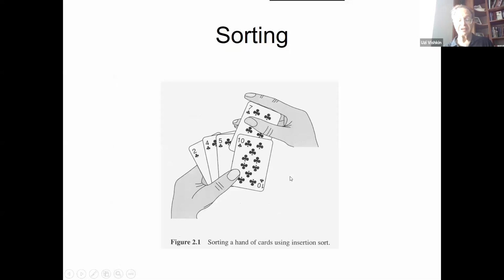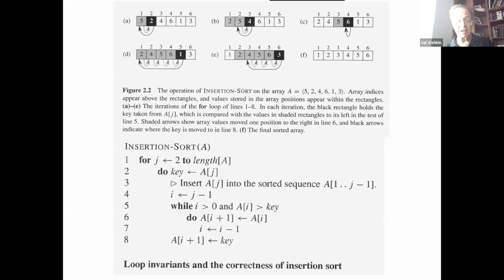So the basic idea of insertion sort is written here, where we increase an index from 2 to length of A, and then I take a key, which is the next element I consider, first the second, and the third, and so on, and I insert it into the sorted sequence by shifting it down until I reach the location where the element is less than the key.